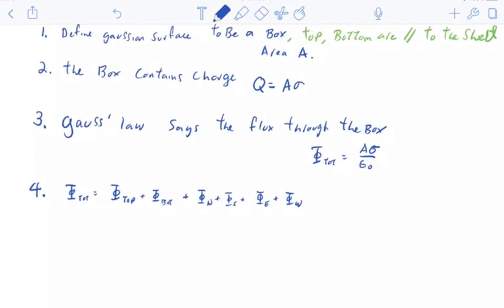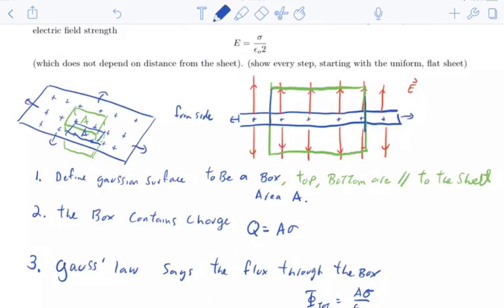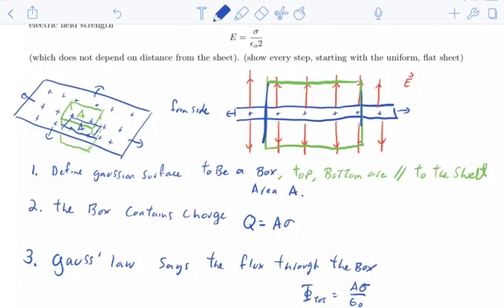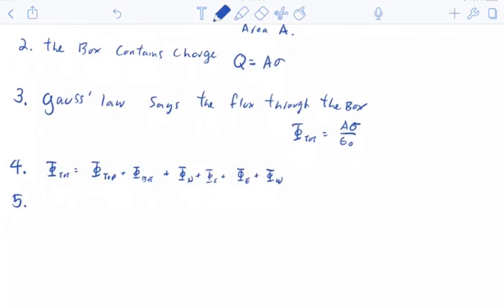But we know about these fluxes. There's geometric information about the fluxes. You know that the sides of the box are parallel to the electric field, which means there's no flux through them.